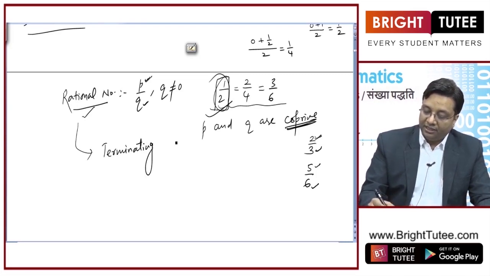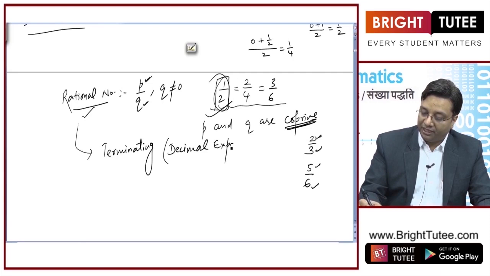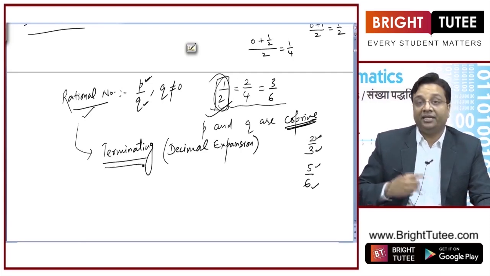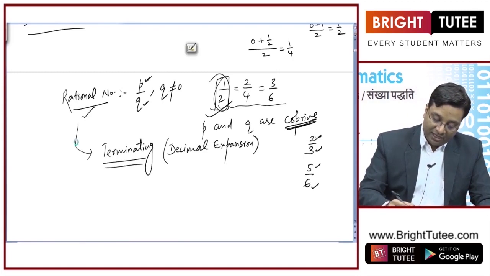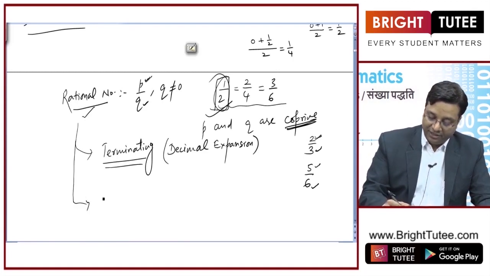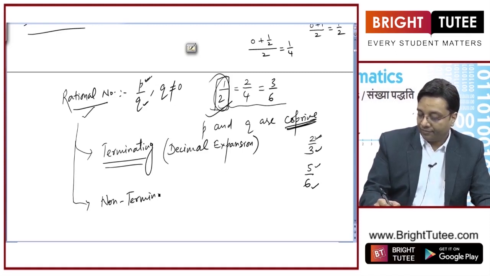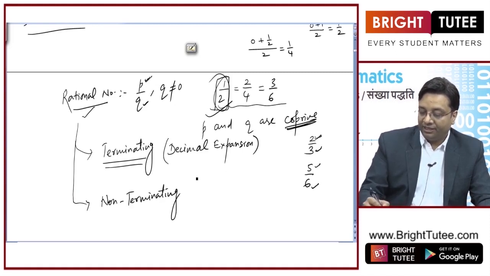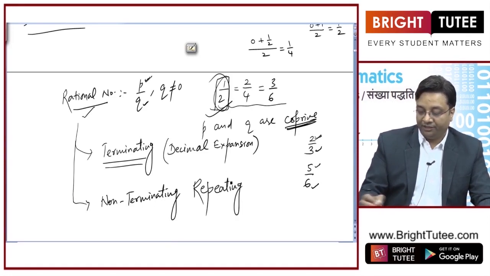What do I mean? If I convert them into decimals, or if I take the decimal expansion of these numbers, they will have a terminating decimal expansion. Otherwise, if they are non-terminating, they will start repeating, non-terminating repeating.